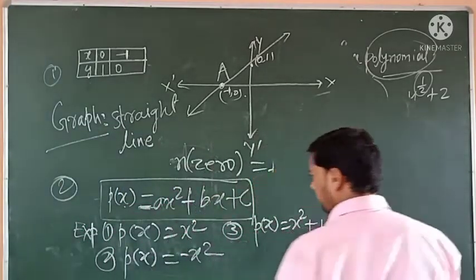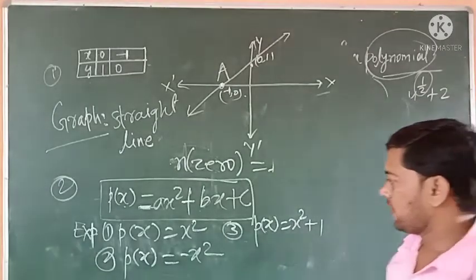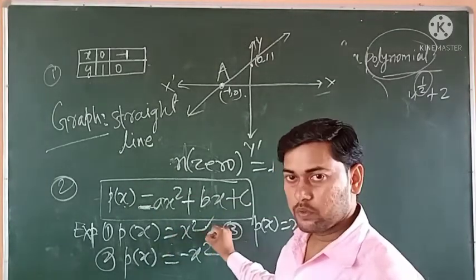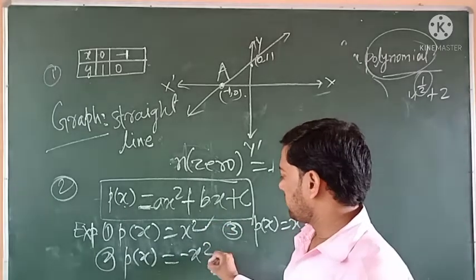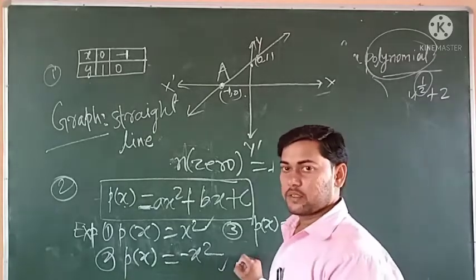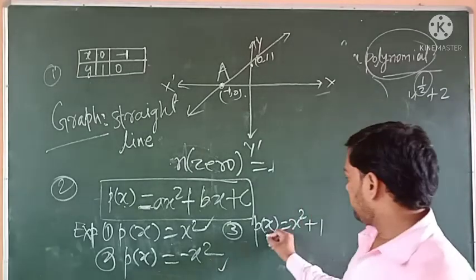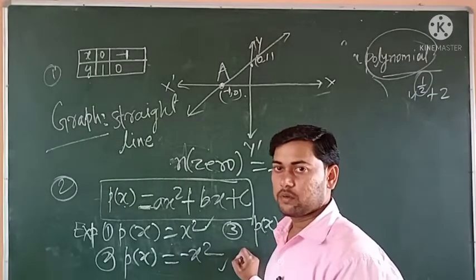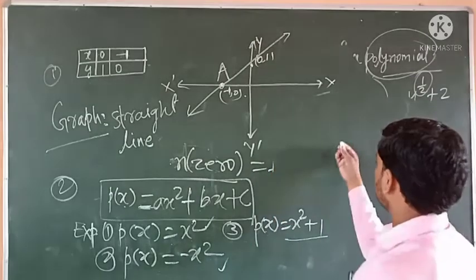There are three examples of quadratic polynomial. px is equal to x square, that is y is equal to x square; px is equal to minus x square, that is y is equal to minus x square; and px is equal to x square plus 1, that is y is equal to x square plus 1.